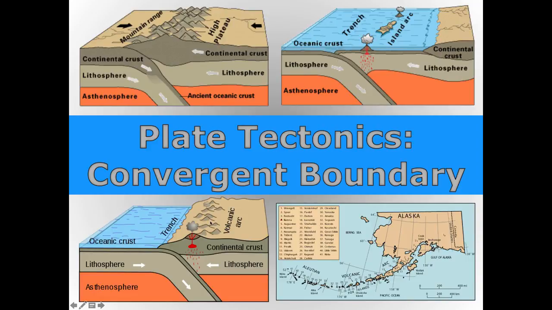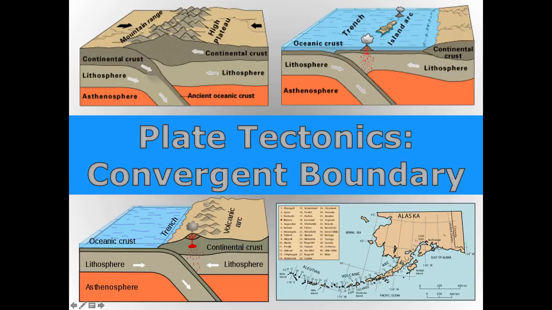We'll talk about that. And then over on this side, we have the oceanic crust coming up against the continental crust, creating a volcanic mountain range here, kind of like the Andes Mountains in South America.